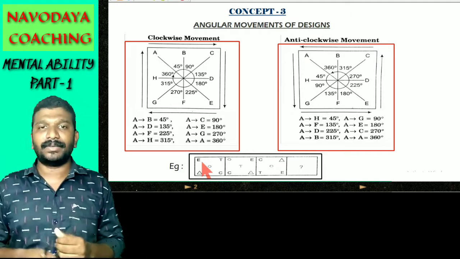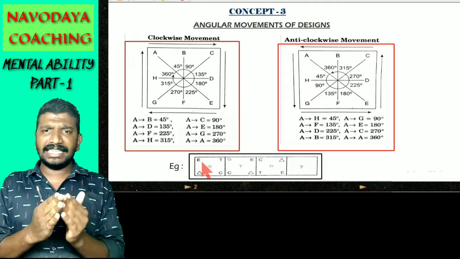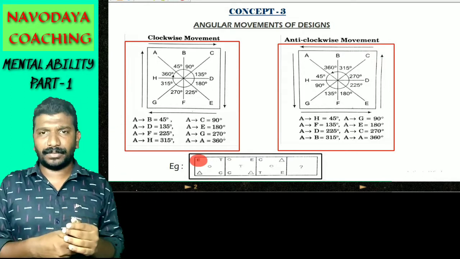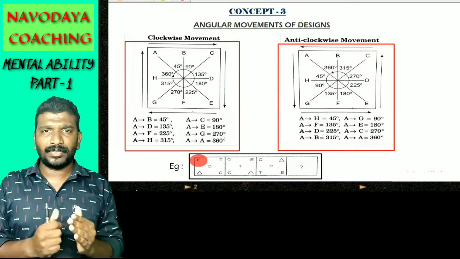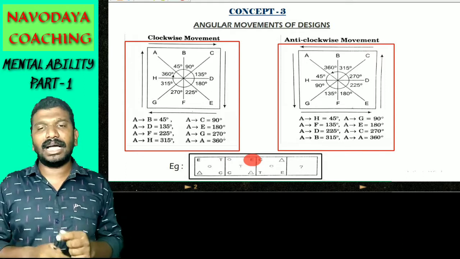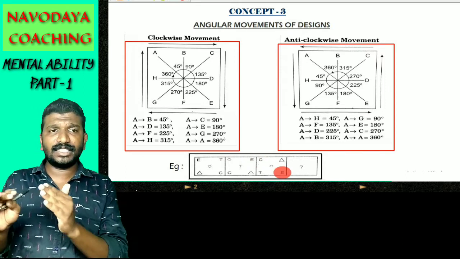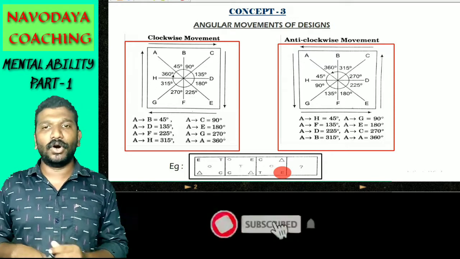The letter E. In the first figure, letter E is in the left upper. In the second, the E is moved to the right upper. In the third figure, the E is moved to the right lower.